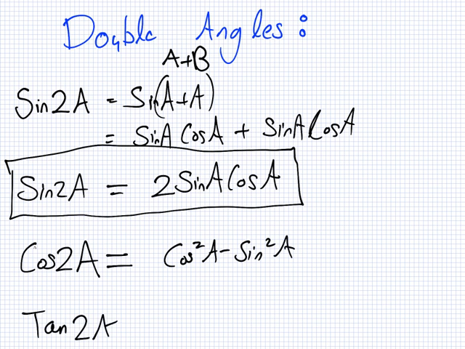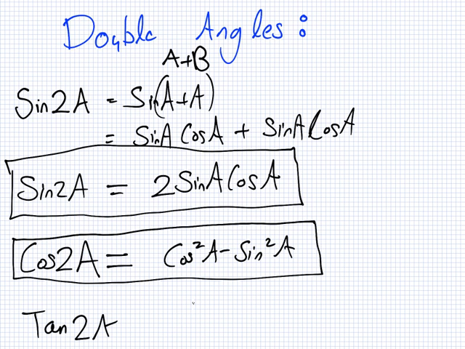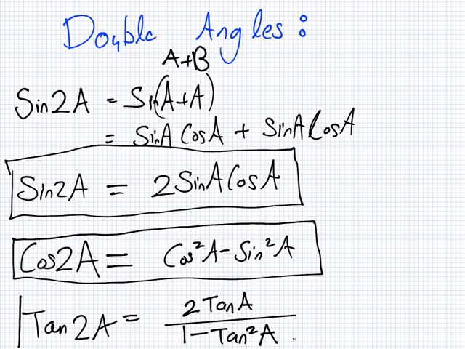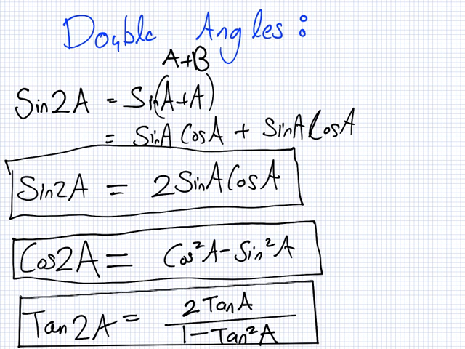Give me tan 2A. 2 tan A over 1 minus tan squared A. Correct? Yes, good. Okay, these are the double angle formulas.